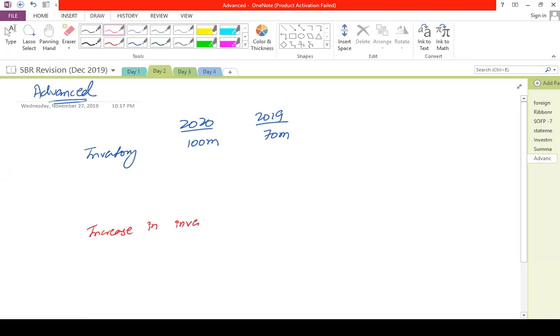So we say increase in inventory should be a cash outflow of 30 million. If we are increasing from 70 to 100, we simply say that the increase in inventory is a cash outflow of $30 million.